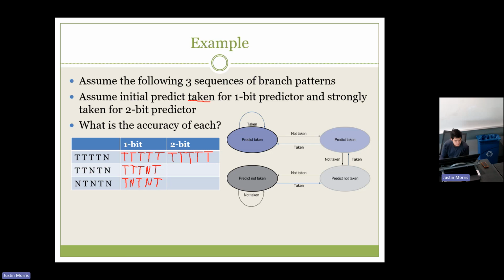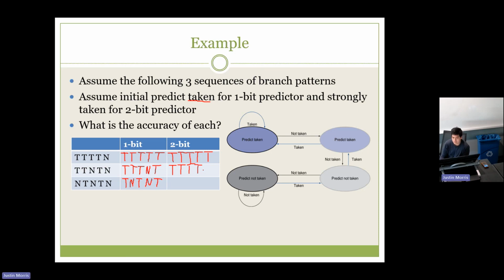So now this string. Taken first, we're right. We stay strongly taken. We're right again. We stay strongly taken. We're wrong, so we go to weakly taken. In weakly taken, we still predict taken.